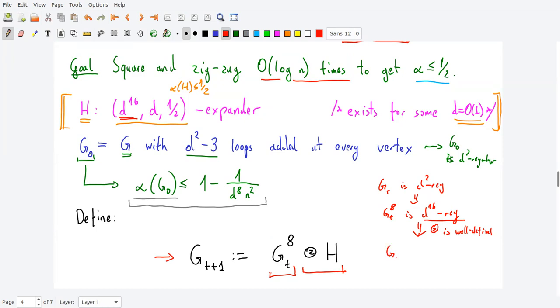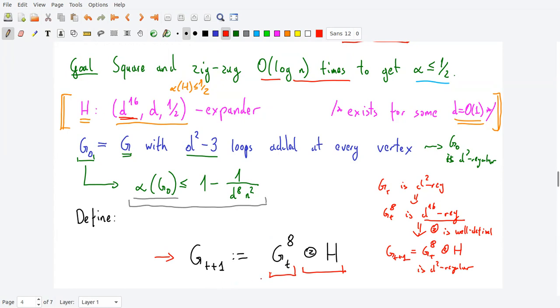Therefore G_{t+1}, which is defined as G_t to the power 8 zigzag H, is well defined and is D squared regular. So this is a valid construction.